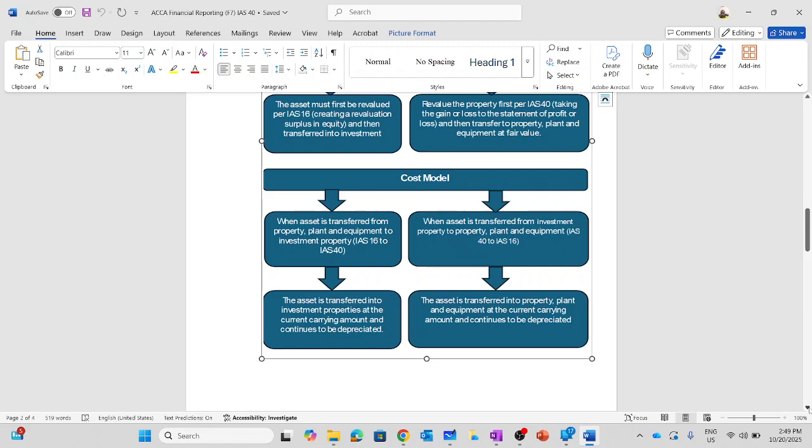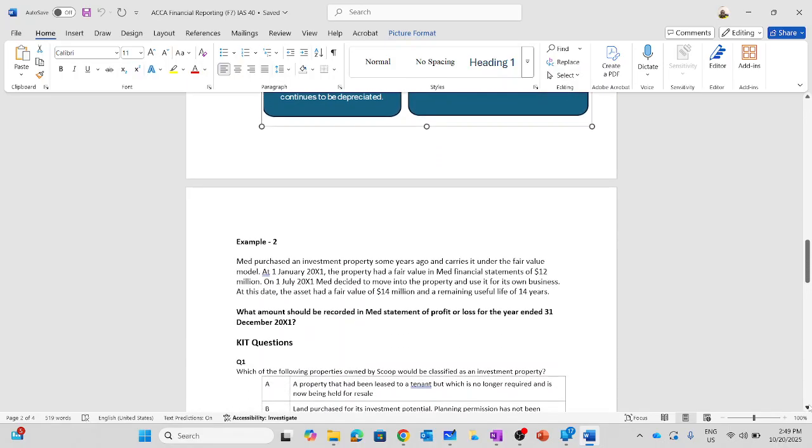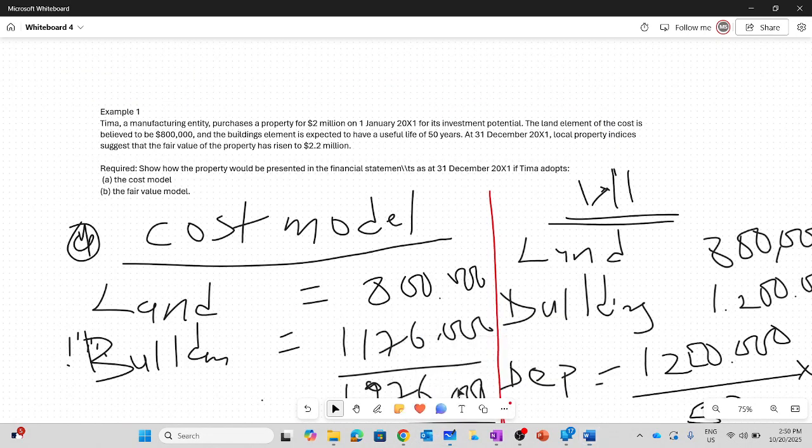We need to know how we can account for this. It's very, very simple. Nothing difficult about it. So let's proceed and see how best we can put this into practice. Now let's take a look at example two and try to solve it.